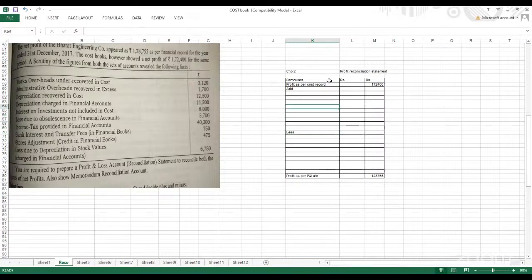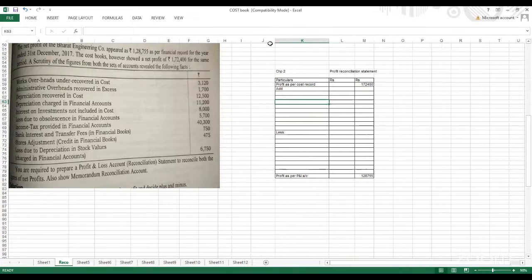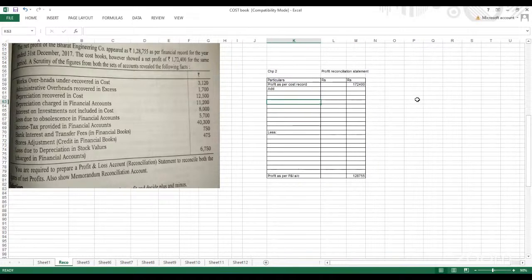Now, how to decide which item to be added, which to subtract? For that, we have to use one formula. I'll show you the formula. First, you have to determine what your base is, which profit you are taking as a base. Base means the profit with which you have started. Here we have started with cost profit, so your base is cost.